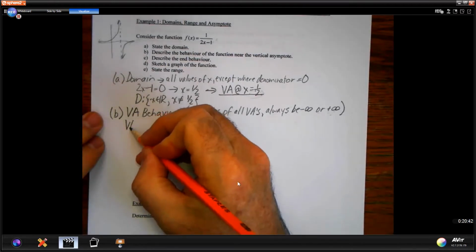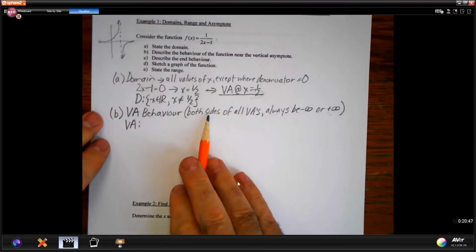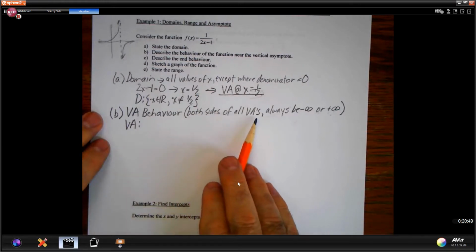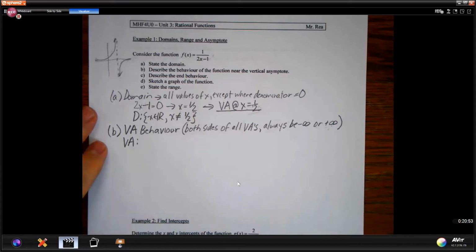So vertical asymptote. Now it says here both sides of all vertical asymptotes. Well, in the examples we do today for this reciprocal of a linear function, we're only going to have one vertical asymptote. But as we add to the different families of rational functions, you could have 2, 3, and more vertical asymptotes.